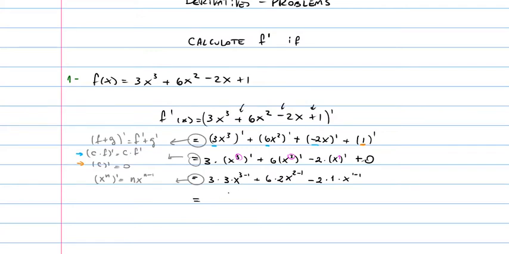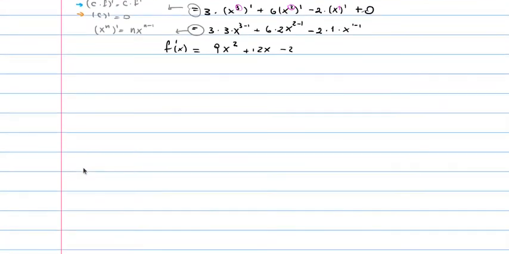So now we do all the calculations and we have 9x squared plus 12x minus 2, and that is f prime of x. That's what we were trying to calculate.